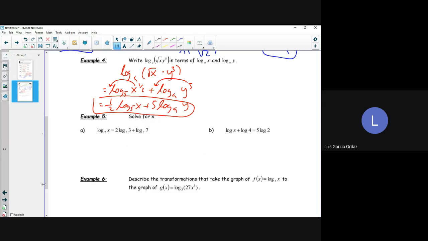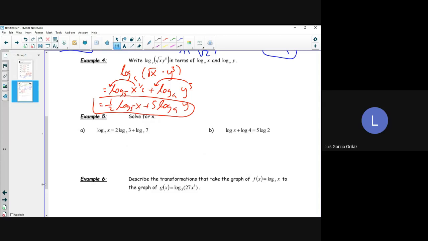So is everyone good with the last few examples that we just did? All right, perfect.